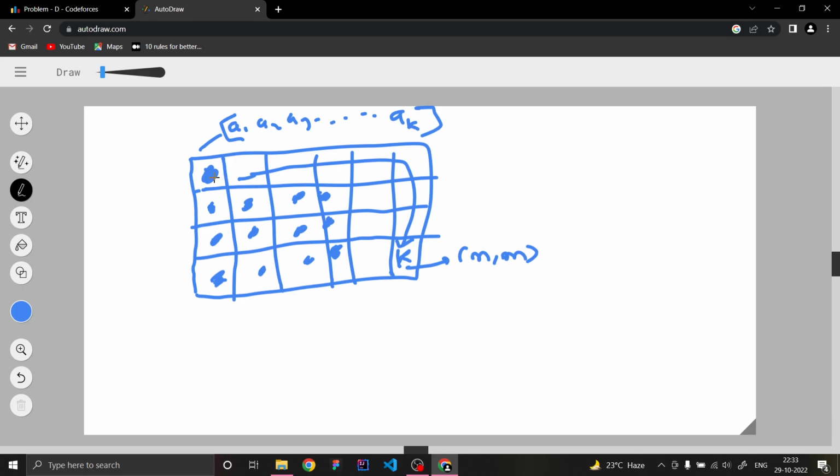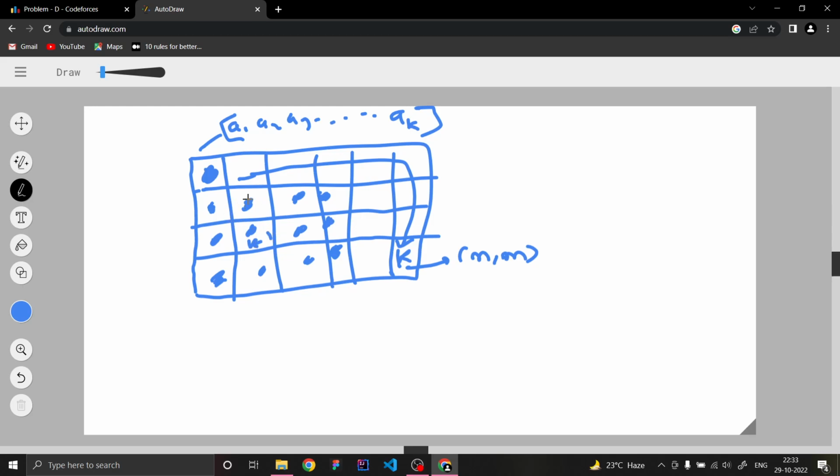Again, we would like to find card k minus 1. Now let's say the card k minus 1 we have already removed from the cell (1, 1). Let's say this is the card k minus 1.